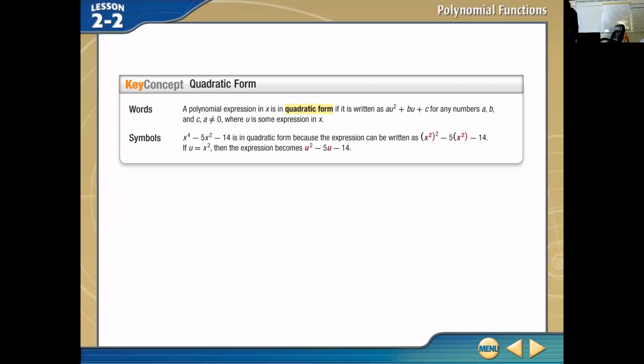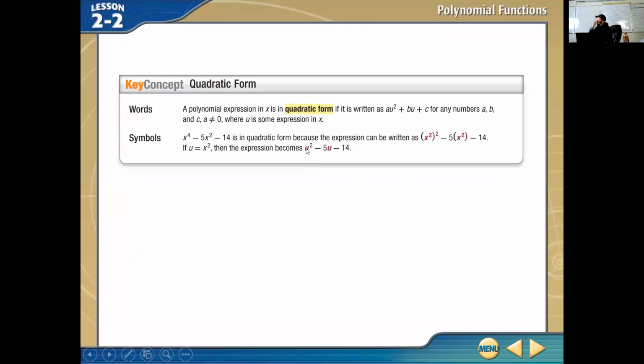So this is the key that shows that we're in quartic. x to the fourth minus 5x squared minus 14 is the example. If we were to write this in quadratic form, our u would be equal to x squared. So we could have u squared minus 5u minus 14, substituting x squared in for u and back again.